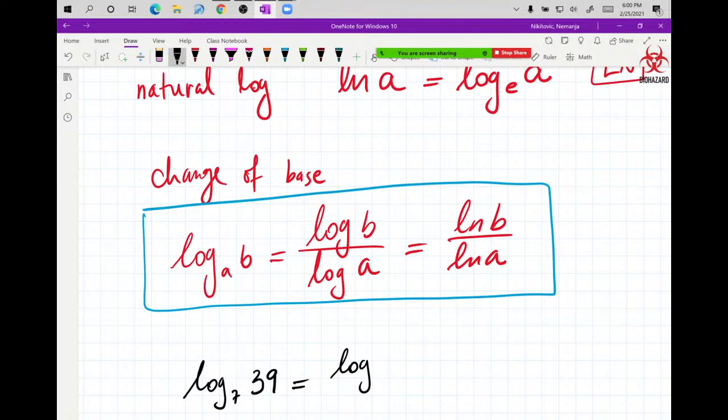You convert this into log 39 over log 7, and then you can use your calculator. Remember to close the parenthesis after 39, or your answer will be garbage. Log 39, closed parenthesis.